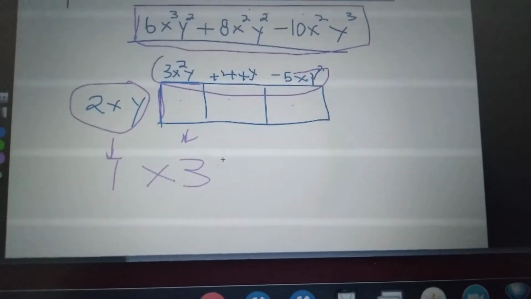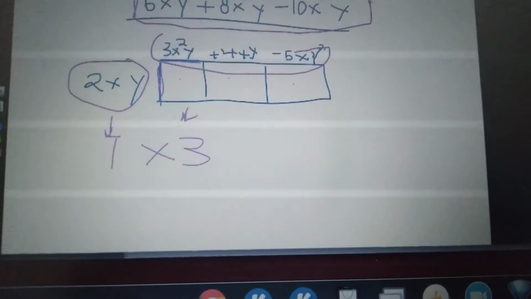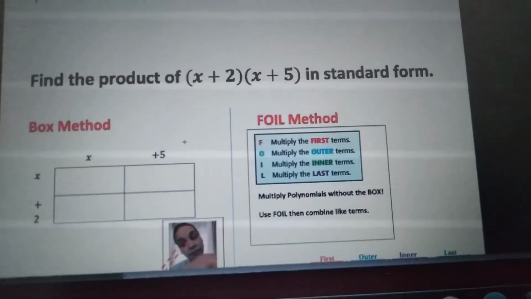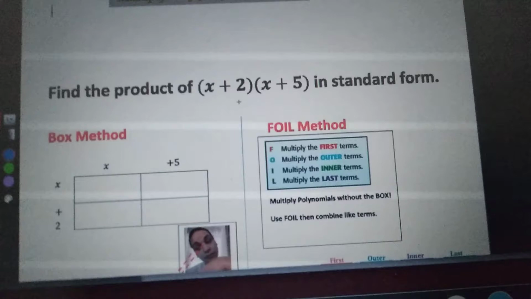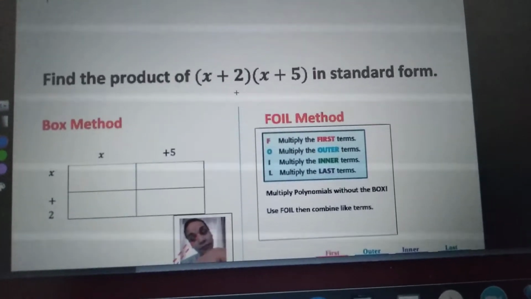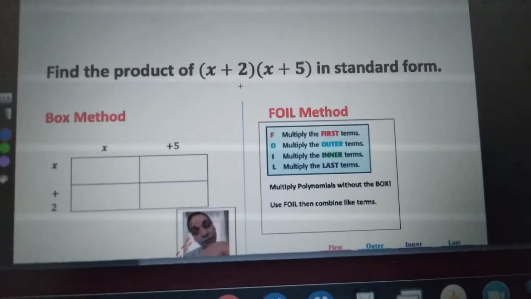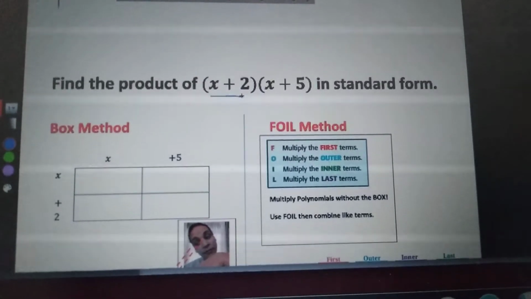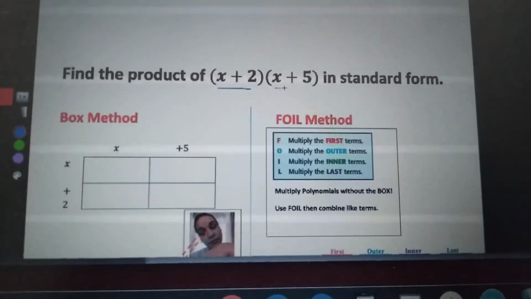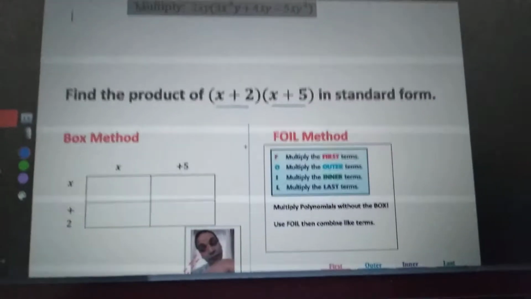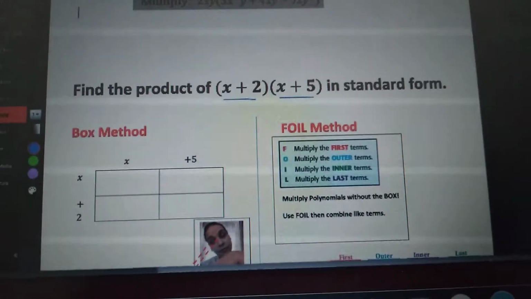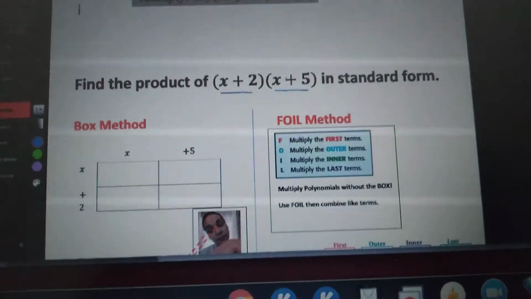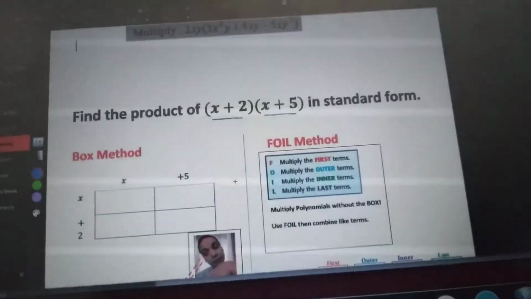Everybody good with that? Make sense? So today, we're going to talk about multiplying not a monomial by a trinomial. We're going to talk about multiplying 2 binomials. Here is binomial number 1. Here is binomial number 2. How do I know it's binomial? Well, bi means 2. I have 1 term, 2 terms. 1 term, 2 terms. Everybody understand?